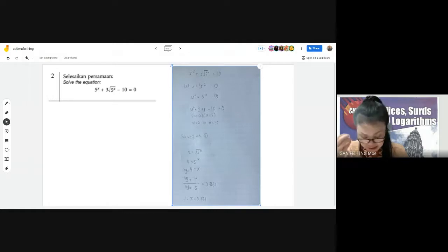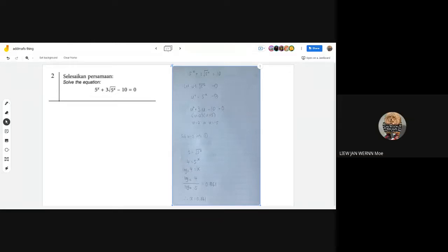Your explanation, okay? Let u be square root of 5 to the power of x. Then we squared both sides. That's why we get u squared equals to 5 to the power of x. That is your explanation. Then the rest? So I take from equation 1, I sub u into here, and this 5 to the power x I can sub u squared.